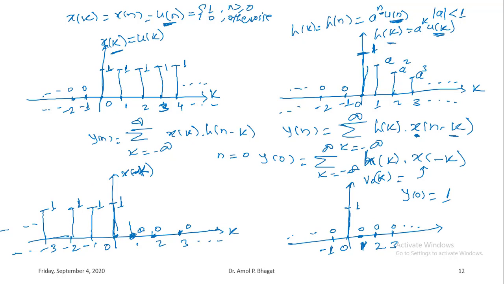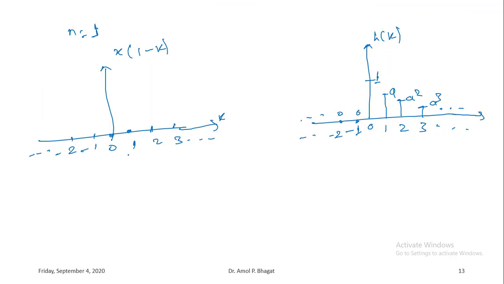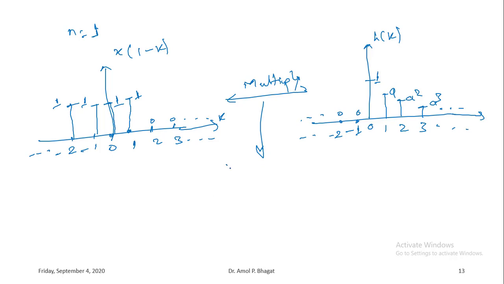So instead of this 0 there will be 1, and on the left hand side all values will be 1. So at 0 again 1 will be there, at 1 1 will be there, at 2 it will be 0, and so on. Again I will be multiplying these values, and I will get the sequence v1 of k.